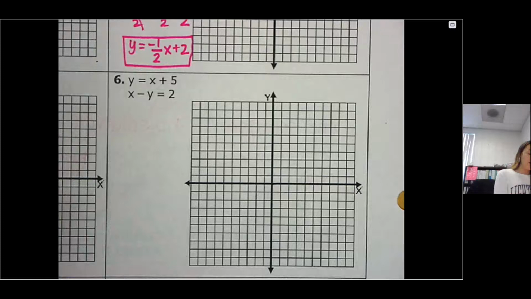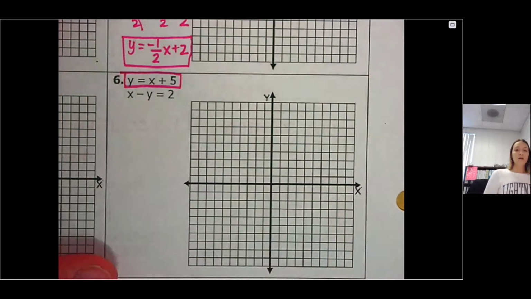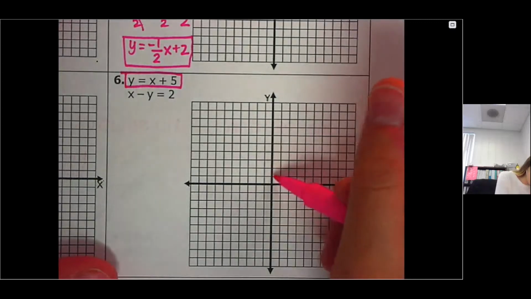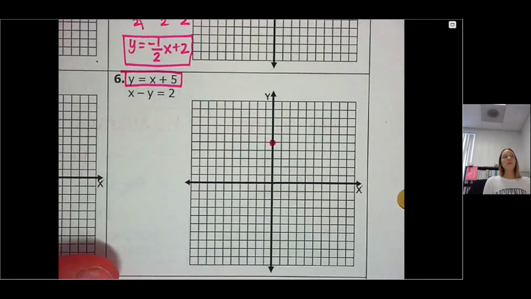I'm going to do this one in pink. All right, so you should be able to graph this one. Where do I start it? +5, so go up 5. And then what's the slope for this problem? 1 over 1, so which direction do I have to go? Positive, positive.